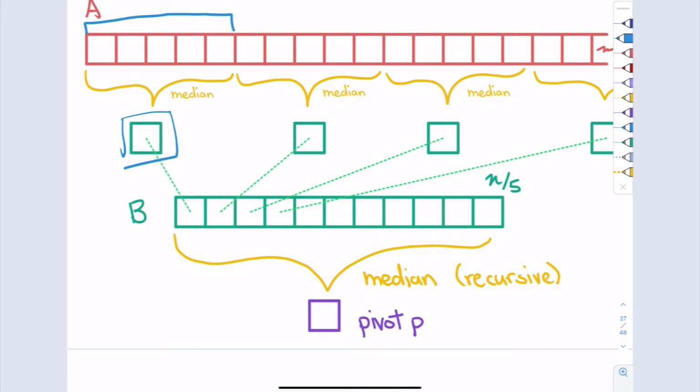So we're reducing the input by a constant factor by breaking it up into lots of small problems. Then I'll recurse on the smaller problem to find the median. Again, the median is a special case of select, so this is really recursively calling select. All right, so this is called the median of medians trick.